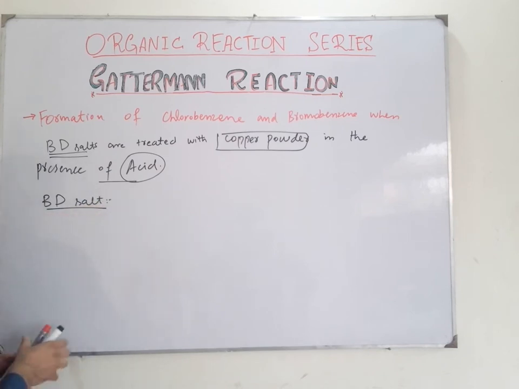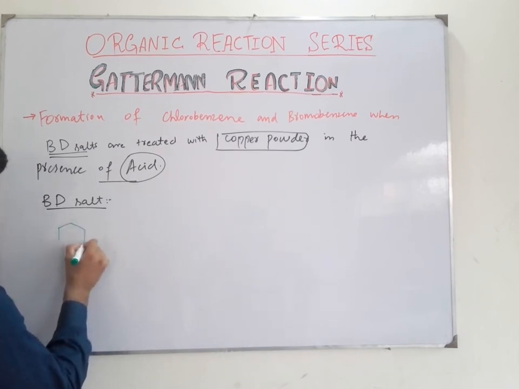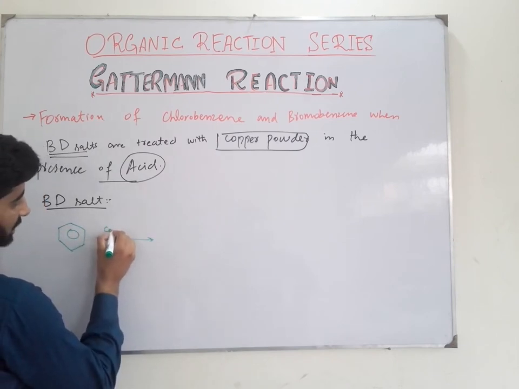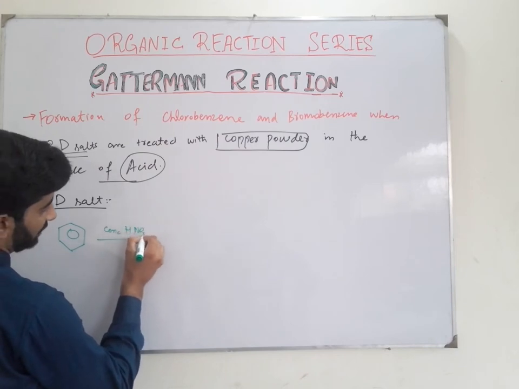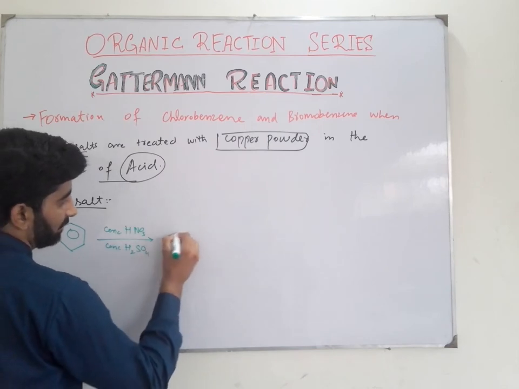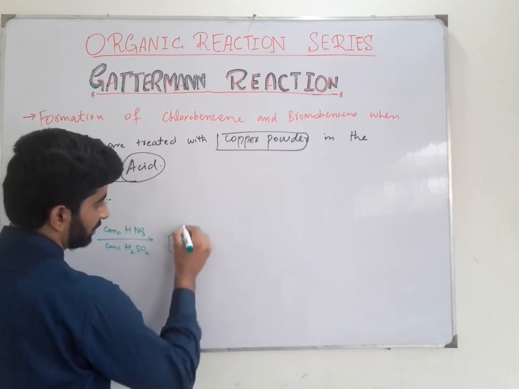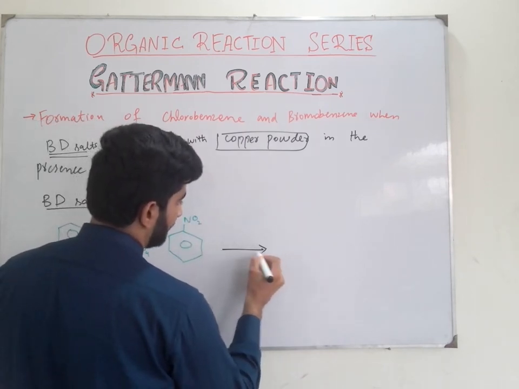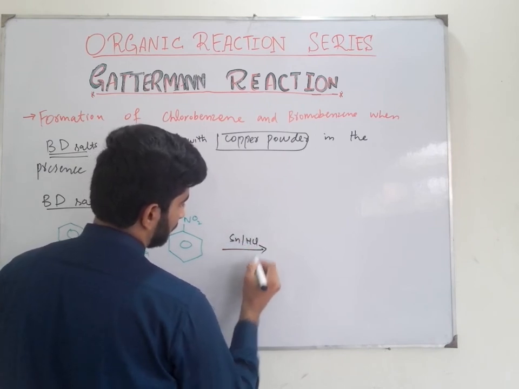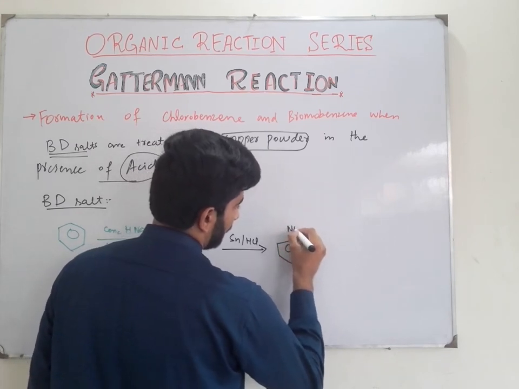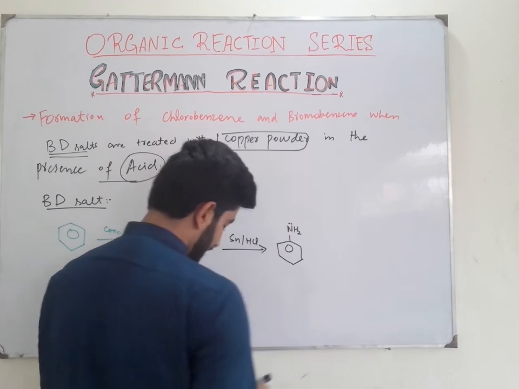How is benzene diazonium salt formed? Firstly we have benzene, then we do nitration of benzene using concentrated nitric acid and concentrated sulfuric acid. Then nitrobenzene is formed. Then we do reduction of nitrobenzene, and aniline is formed.